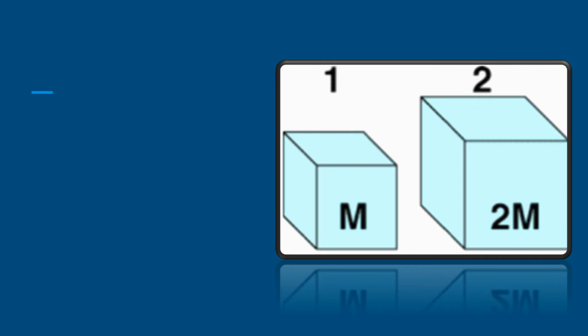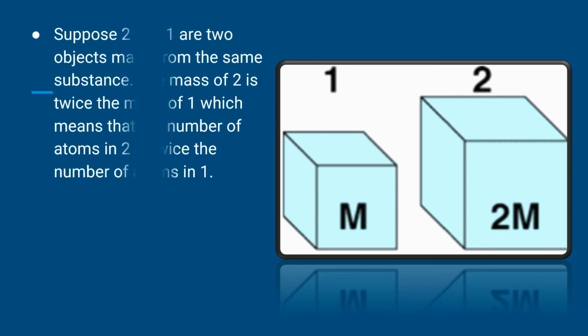Even if the temperatures of both are equal and the average kinetic energy is equal, the total kinetic energy is different. Since mass 2 has more atoms in it, its total kinetic energy is twice that of mass 1, even if they have the same temperature.